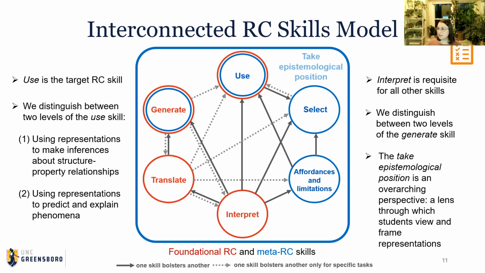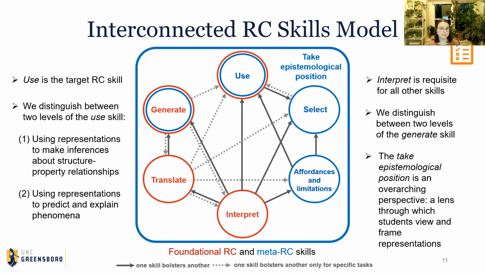And the last skill I will comment on, which we actually don't position as a skill. In Kozma and Russell's framework, the epistemological understanding that representations depict phenomena, but are not accurate depictions of phenomena, and not the phenomena itself, is positioned as one of the bullet points. We don't think of this one as a skill.